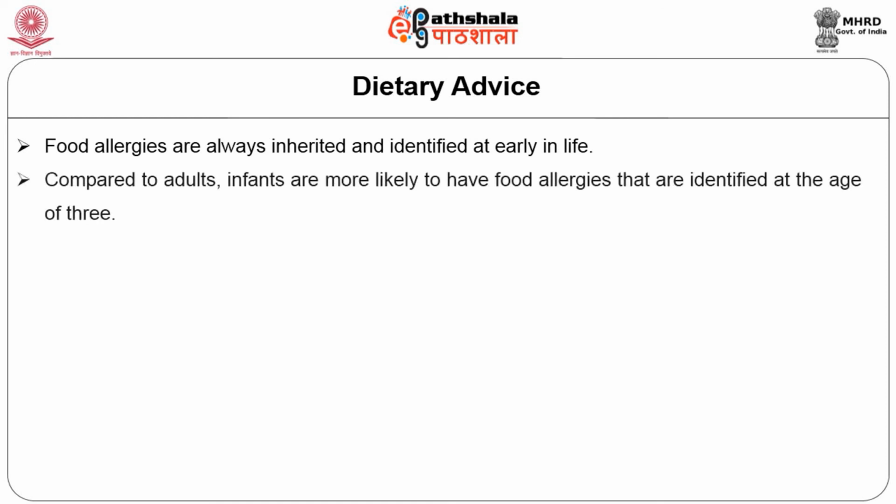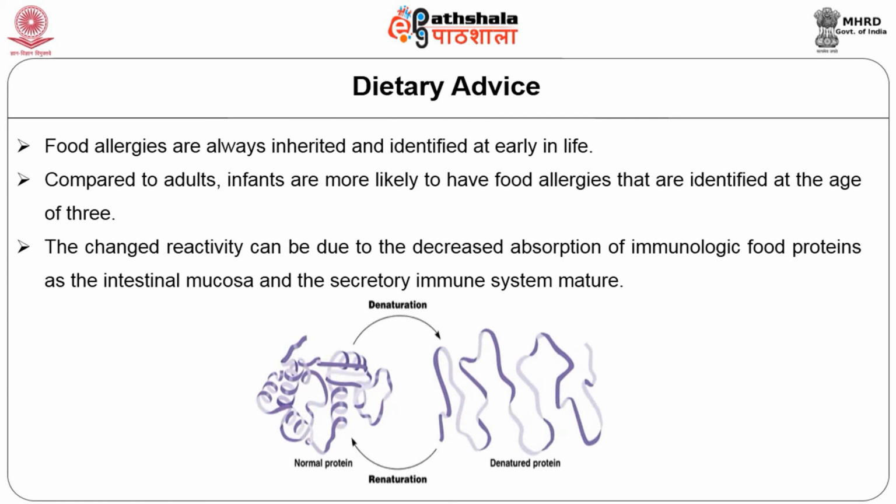Compared to adults, infants are more likely to have food allergies that are identified at the age of 3. The changed reactivity can be due to the decreased absorption of immunological food proteins as the intestinal mucosa and the secretory immune system mature. Denaturation of protein has shown a beneficial effect in elimination of food allergies.